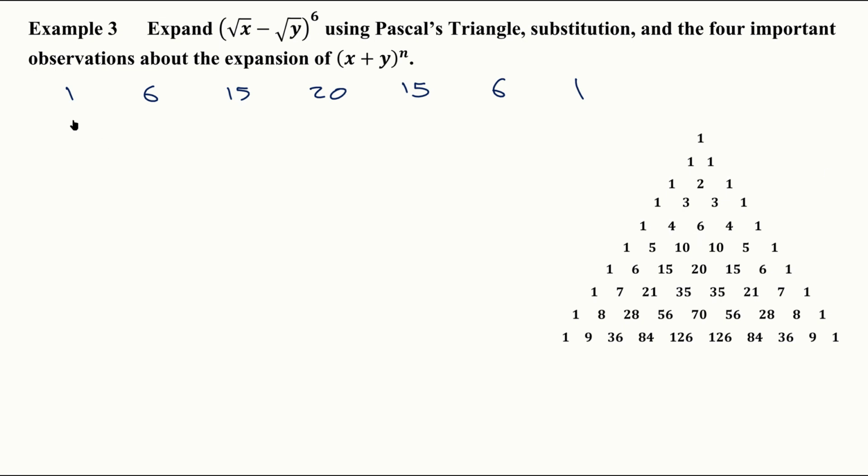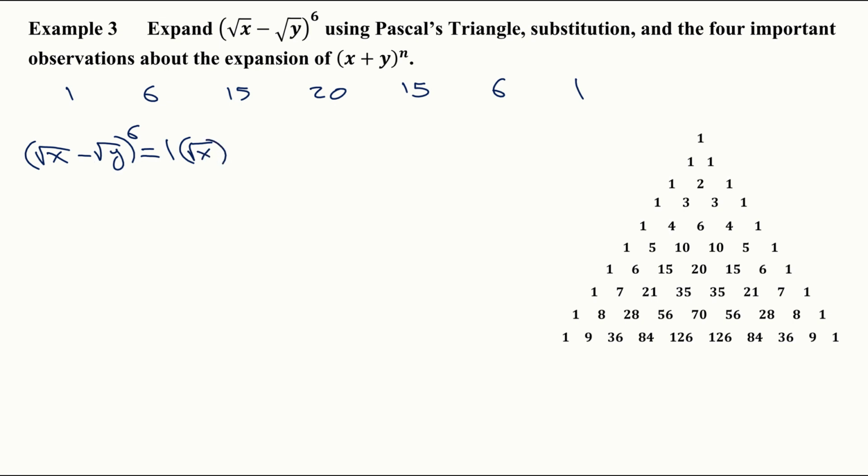And remember that we start with the first term, so we have square root of x minus square root of y all to the power of 6. So we have the first coefficient is 1 times the first term, which is square root of x.